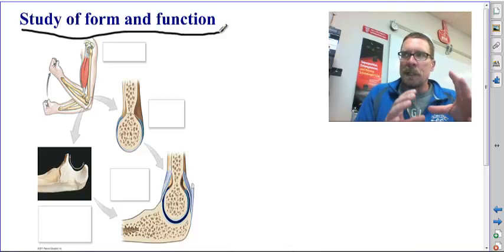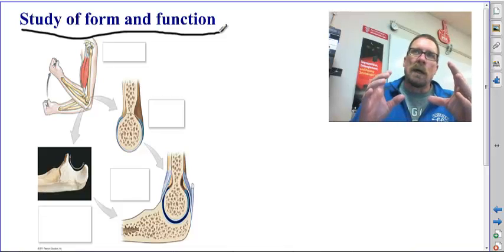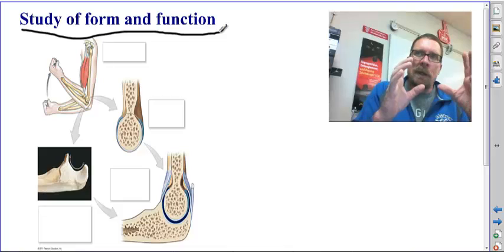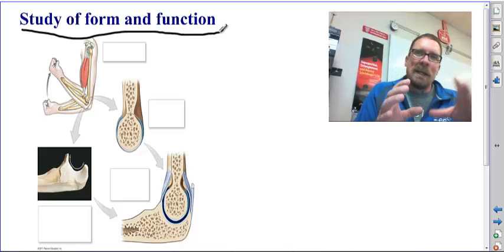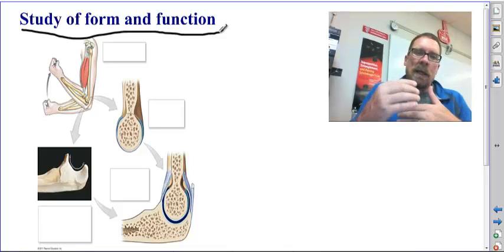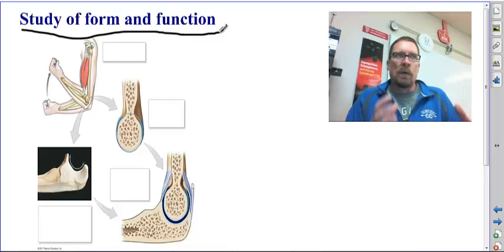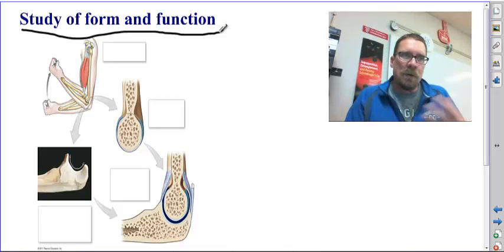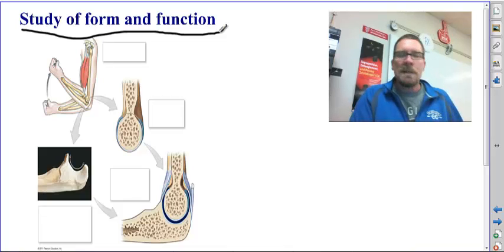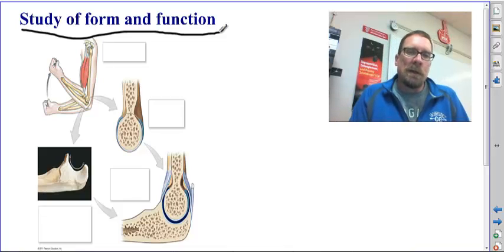Even at the basic atomic level, how that function was needed to allow that animal to survive was developed with the form that that organ came out in. In other words, I need to do this function, so I need to develop a way, with the myriad of proteins or new proteins, to build a structure, anatomy, that is going to allow me to perform a function and continue to survive as a living being.